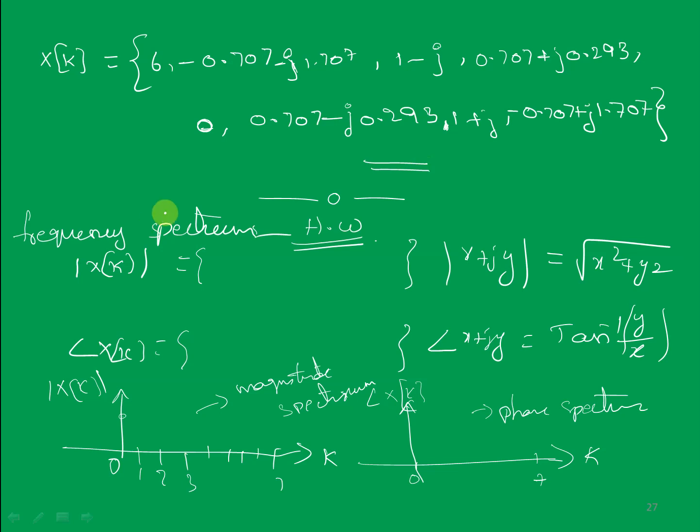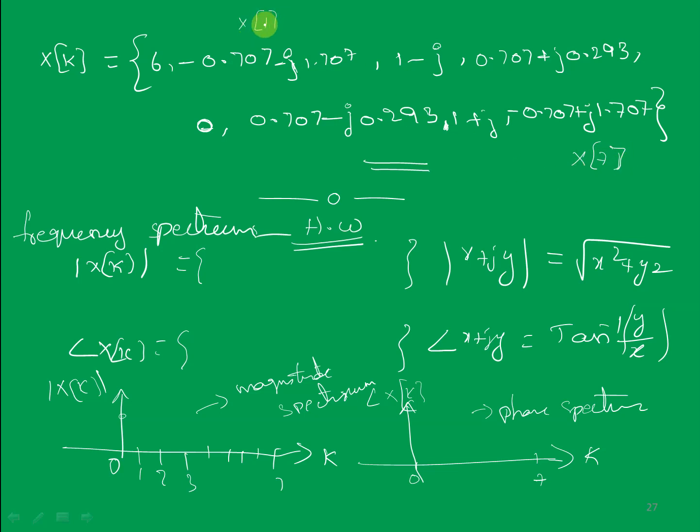If you observe here, this is x of 0, this is x of 1, this is x of 2. The complex conjugate of x of 1 is nothing but x of 7.